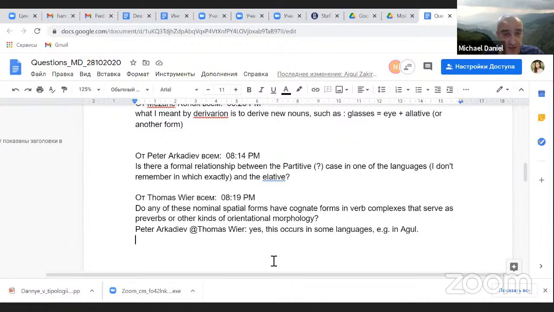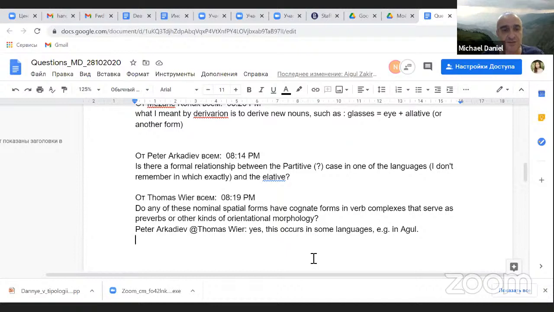Is there a formal relation? Yeah, okay. So I think that the case labeled partitive by Kibrick is not really partitive in the sense that it's in Archi. It's not really partitive in its function. It has a different function. So no, there is no formal relation. As far as I remember, let me check the slide, but I don't think it has any formal relation. Give me a second.